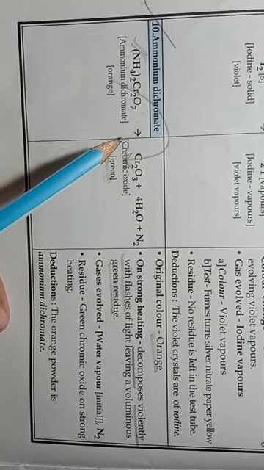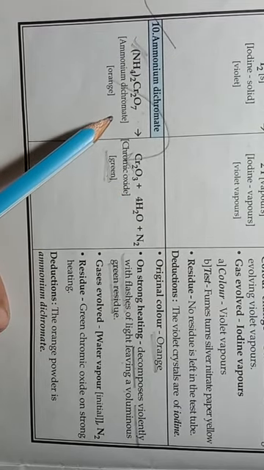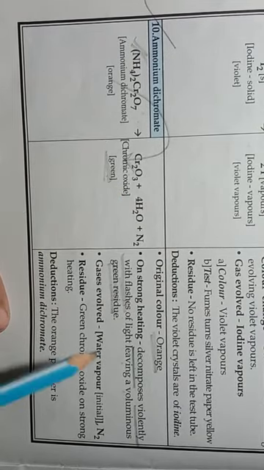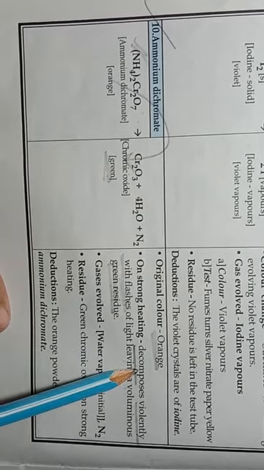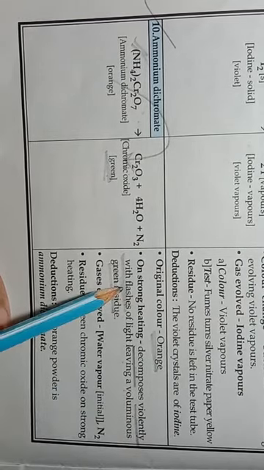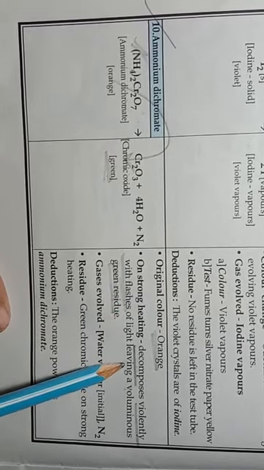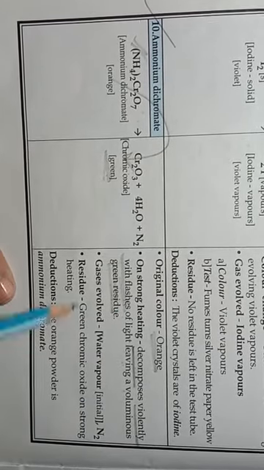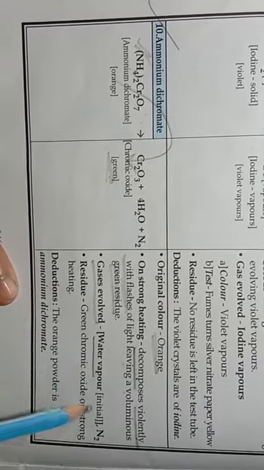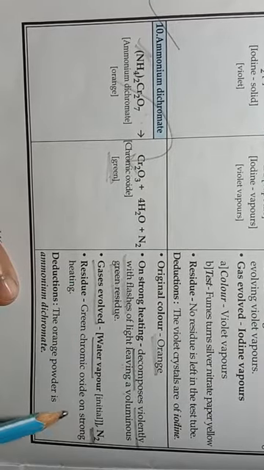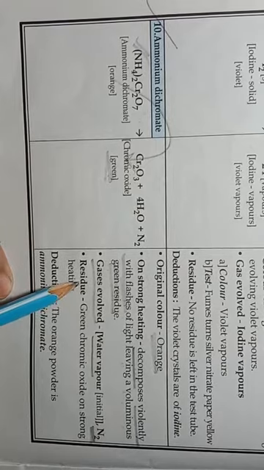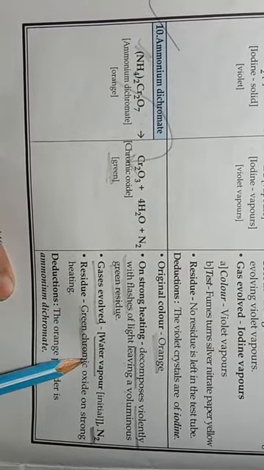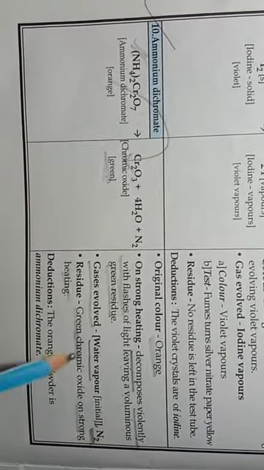So your observation for ammonium dichromate when it is heated is that it decomposes violently with flashes, leaving a voluminous green residue. Gases evolved: water vapor and N2, which is a neutral gas. The residue is green chromic oxide on strong heating.